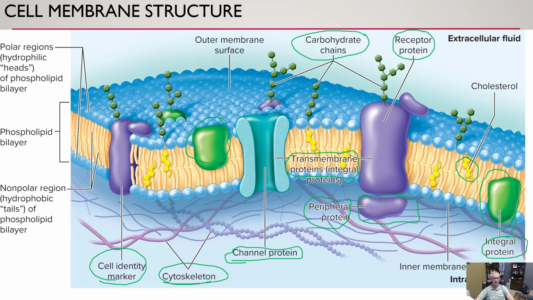You're going to have a quiz or test question that says something like, I can't remember the exact wording, but it's like integral proteins just partially cross into or span the bilayer. Transmembrane proteins go all the way through the membrane.